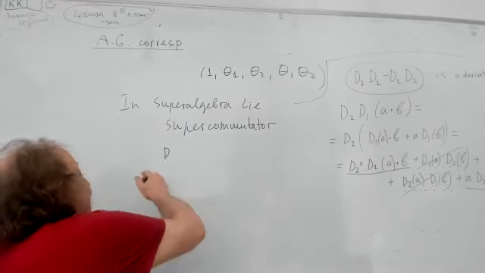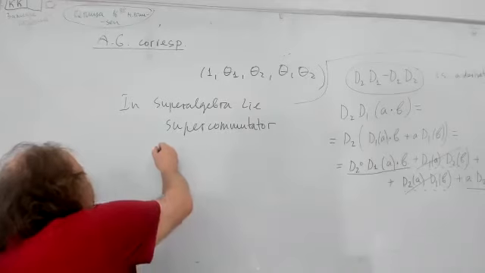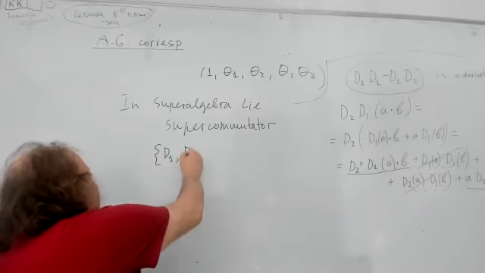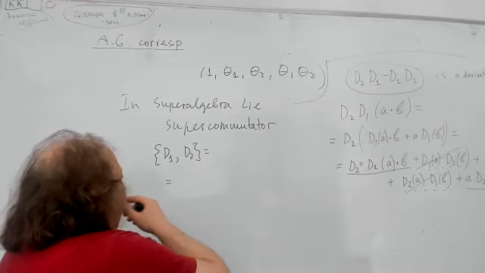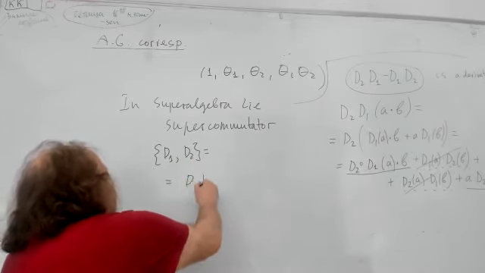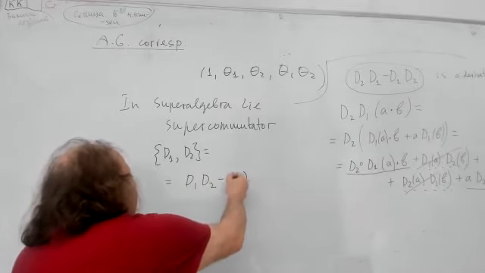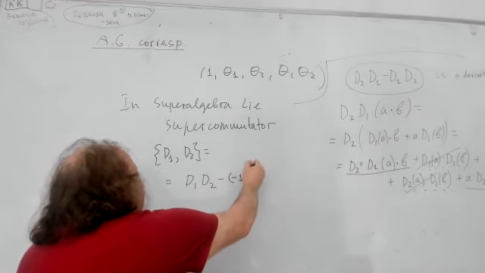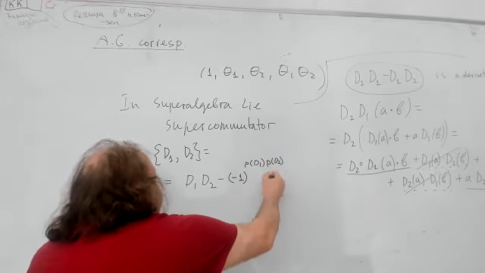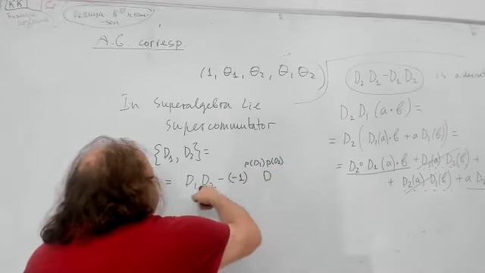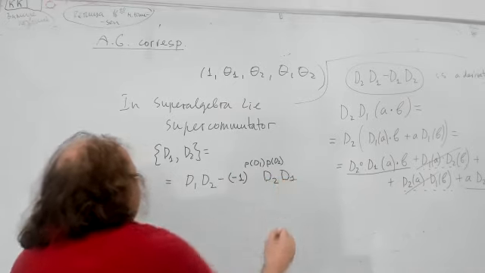That is, D1 supercommutator D2 is what? It is D1 D2 minus, and here we have this correction, parity of D1, parity of D2, D2 D1. Okay?